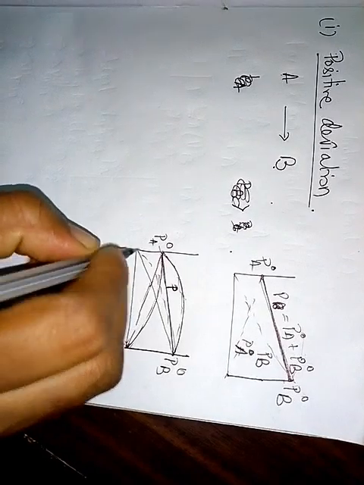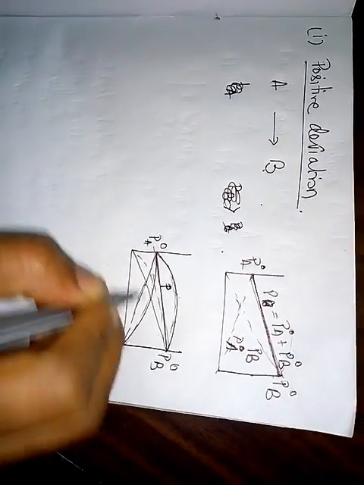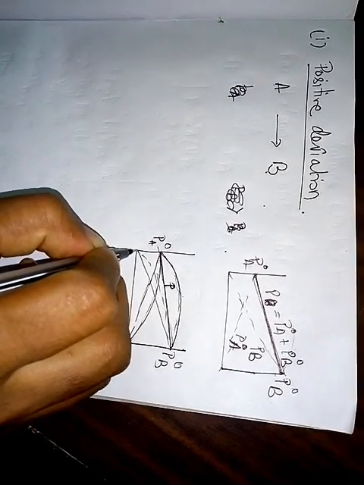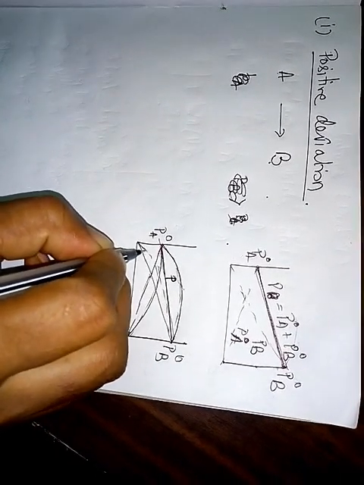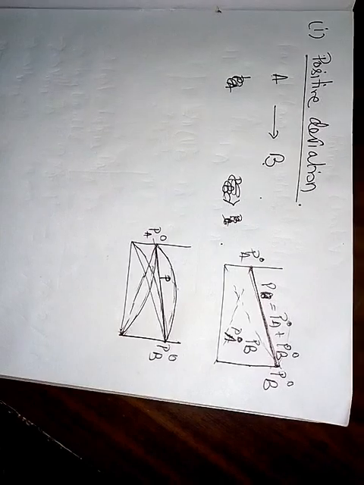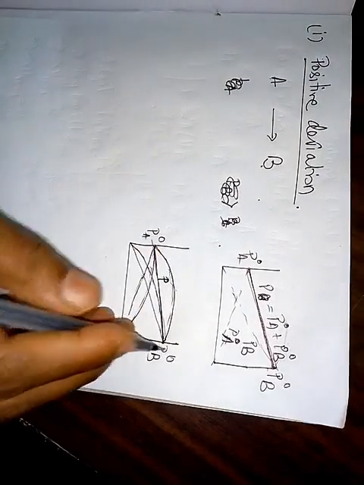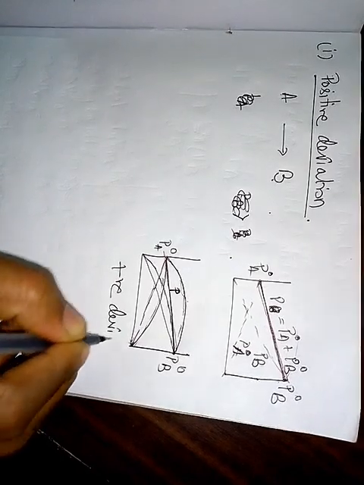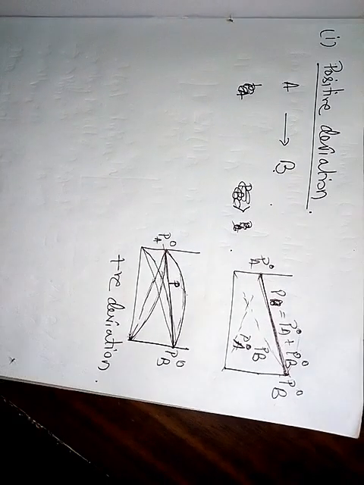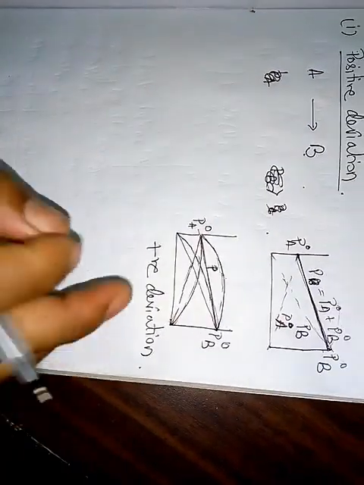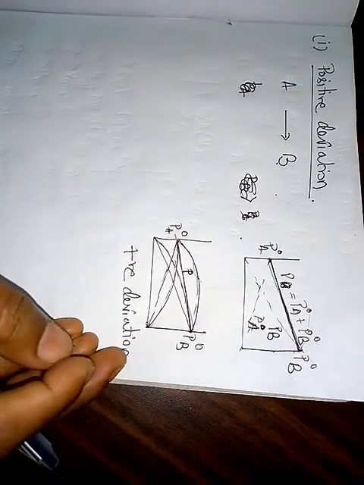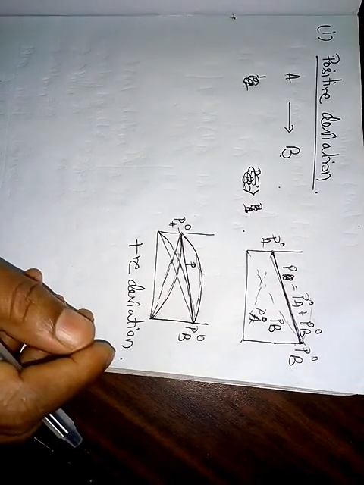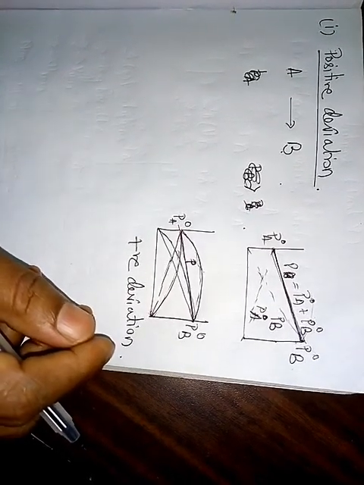Now here also, for the B component, when it is added to A, it is slightly increased. Now when you have bulged out graphs, it is called positive deviation. That is, the vapor pressure for the mixture or for the individual components is more than expected according to Raoult's law.